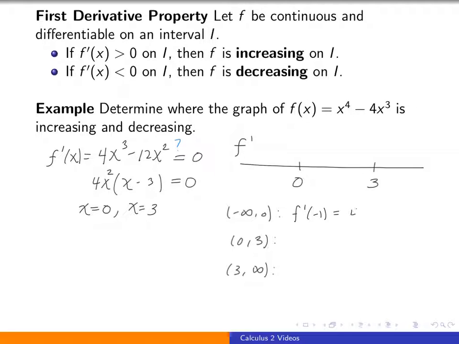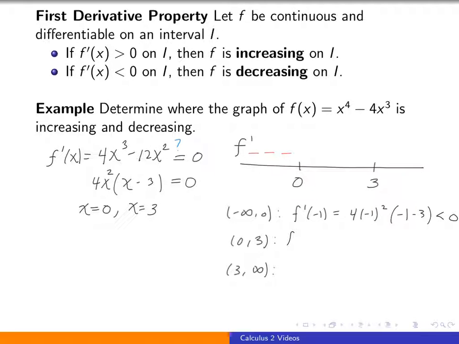If we plug minus 1 in, we have 4 times minus 1 squared times minus 1 minus 3. I do not care what this value is as a specific number, I just care whether it's positive or negative. We have a positive times a negative, so f prime is going to be negative on the interval from minus infinity to 0.